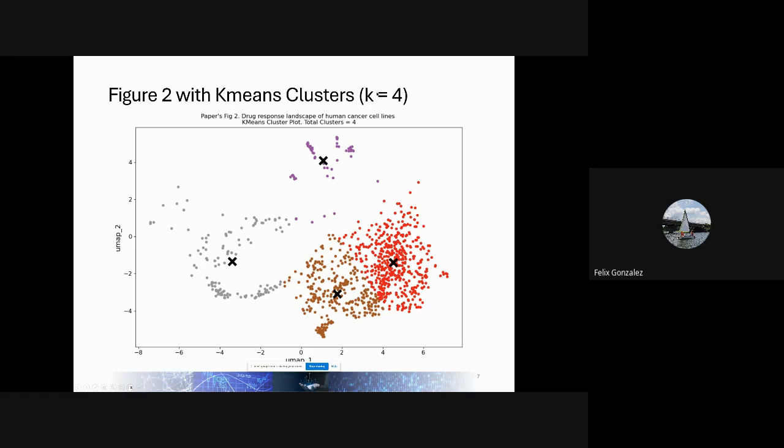This is if I use k equal to 4. Now, one of the challenges with k-means is, as was mentioned in this group, that you have to specify the number of clusters. The other challenge is that k-means will force every single data point into a cluster.